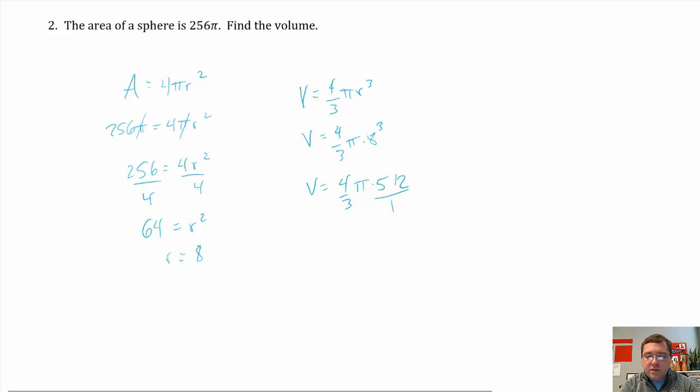Again, treat it as 512 over 1, so it can be multiplied by the fraction 4 over 3. That multiplies 4 times 512. That's 2048, 2048 over 3 with a pi on there. And that's the volume.